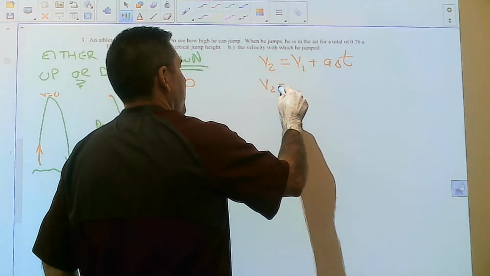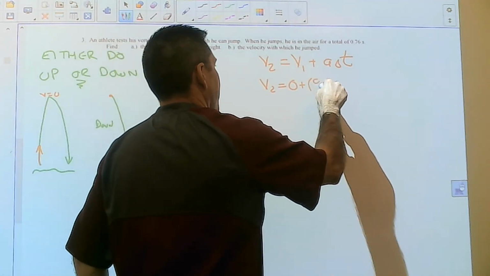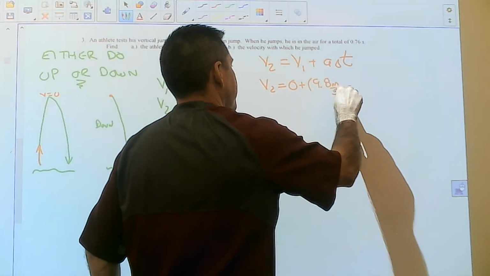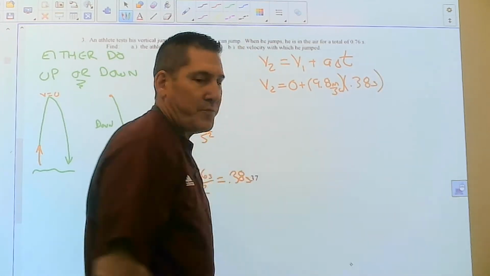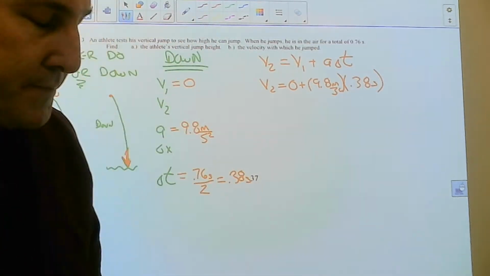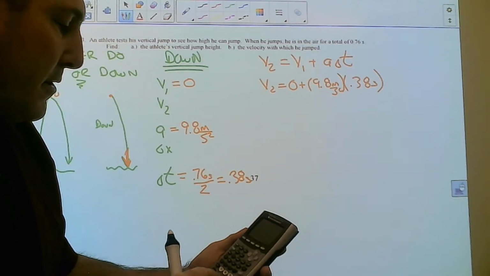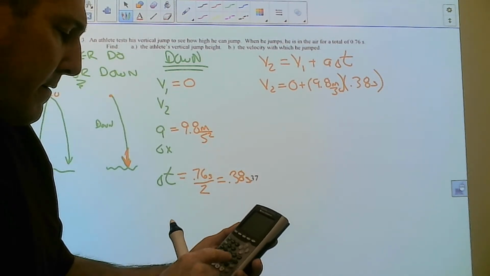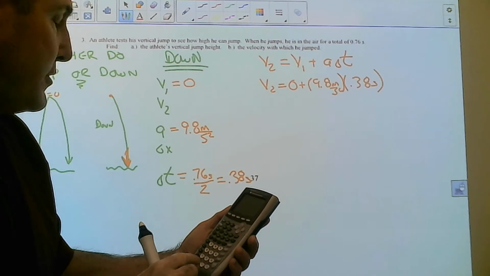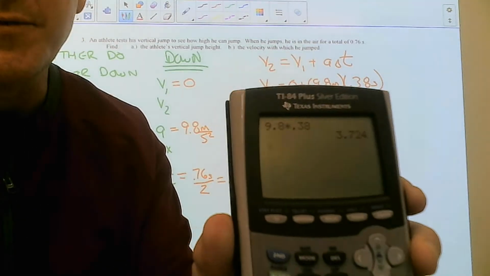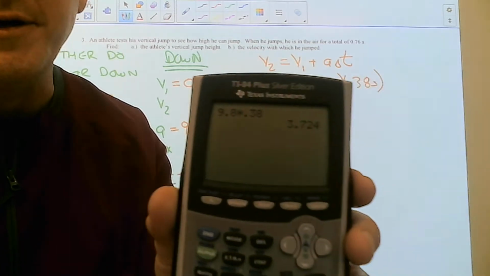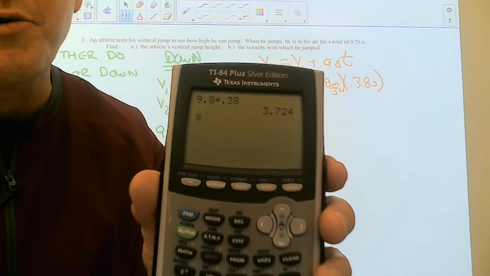So my V2 is 0 plus 9.8 times 0.38. I'll do this one for you. So I simply got 9.8 times 0.38. Looks to be about 3.724. We'll just go 3.72.